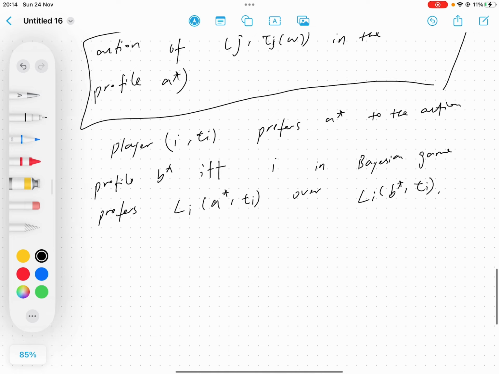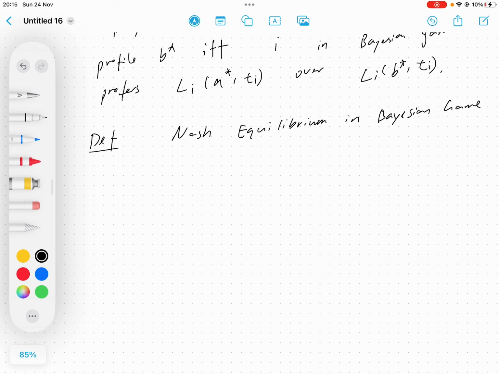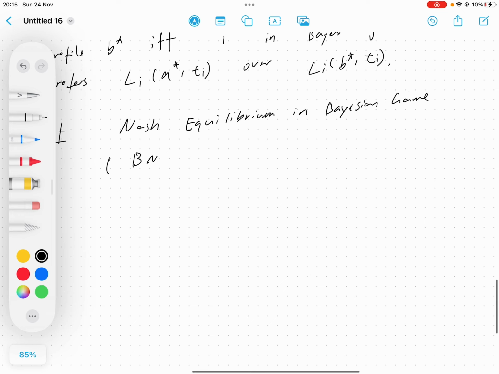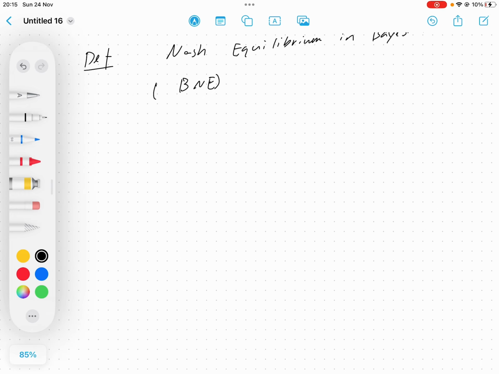So now we're ready to define the Nash equilibrium in a Bayesian game. It is called Bayesian Nash equilibrium, BNE.